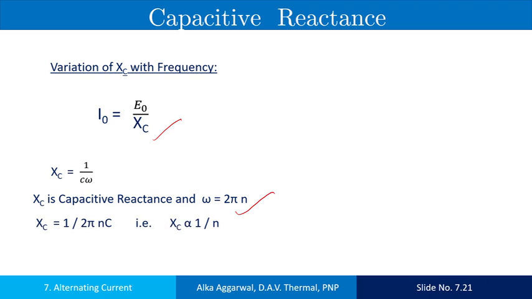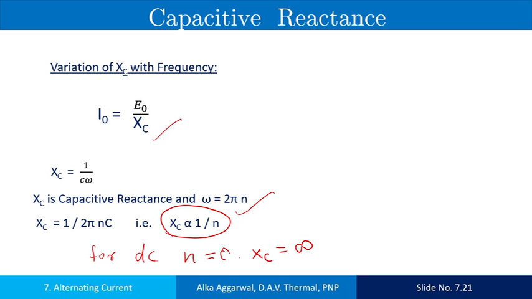So Xc is equal to 1 upon 2 pi n C. Or we can say that the capacitive reactance is inversely proportional to the frequency. For DC circuits, the frequency is equal to 0. It means the capacitive reactance is infinite. Hence, we can see that the capacitor blocks the DC.